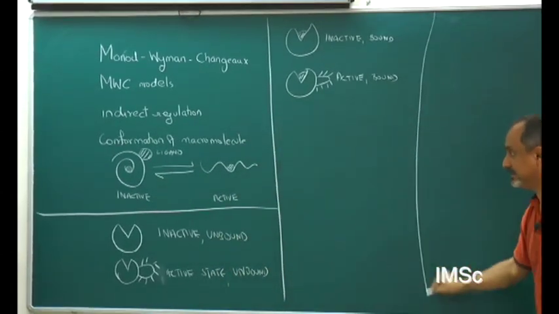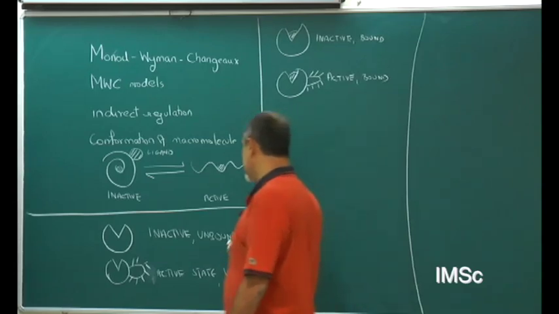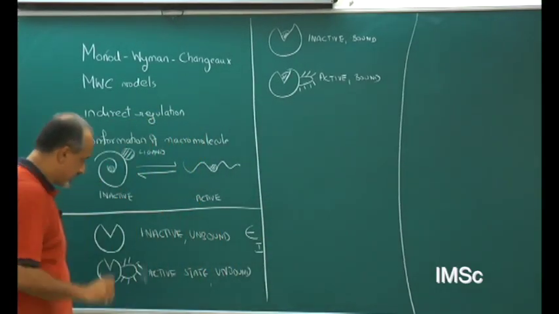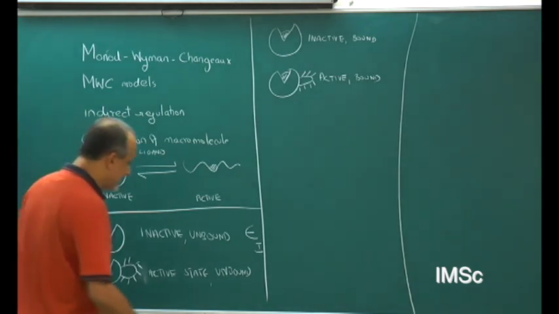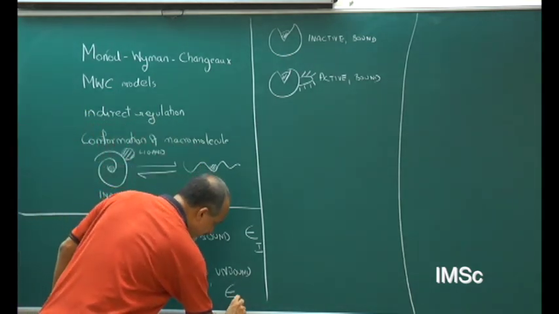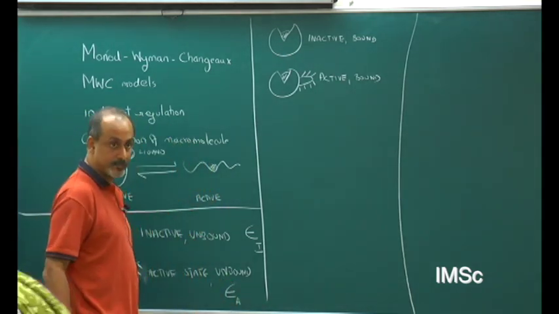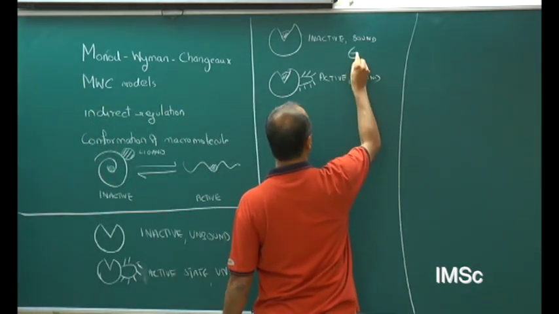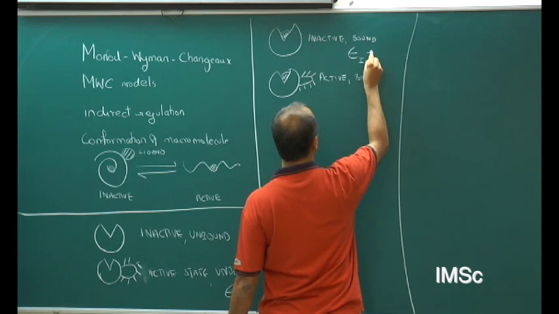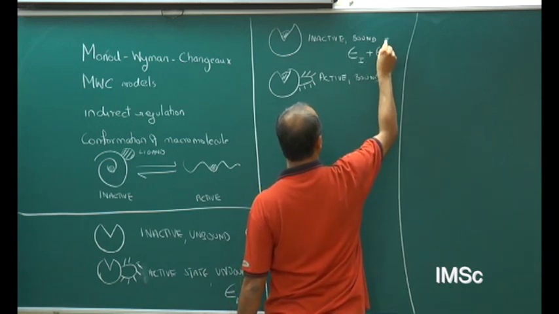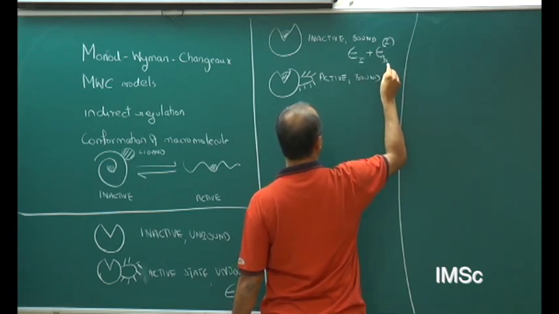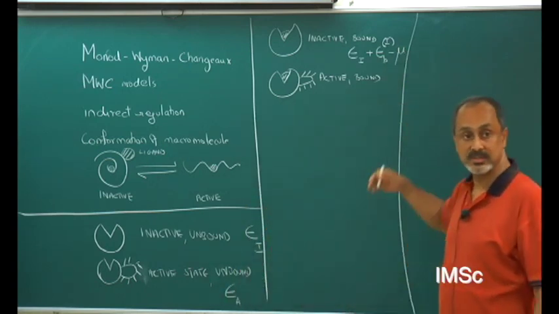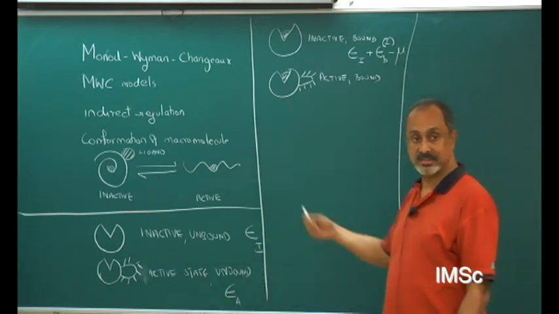So then we wrote down energies for these states. We said the energy of the inactive state was epsilon sub I. And then we said that the energy of the active state, which was unbound, was epsilon sub A. These two states here of inactive plus bound have an energy epsilon inactive plus the energy of binding in that inactive state minus the chemical potential mu, of adding a particle to that state, taking it out from the bath.